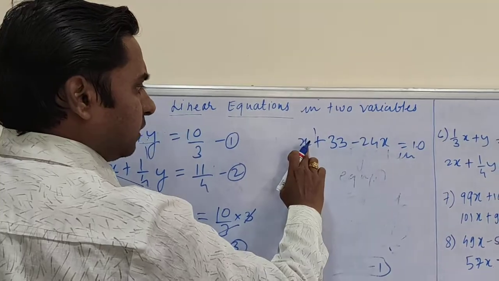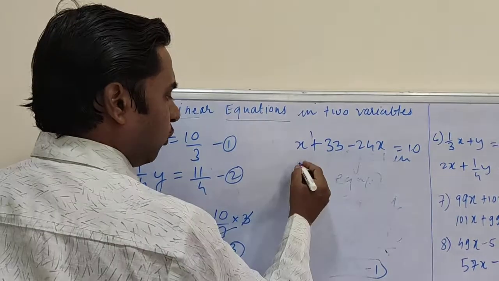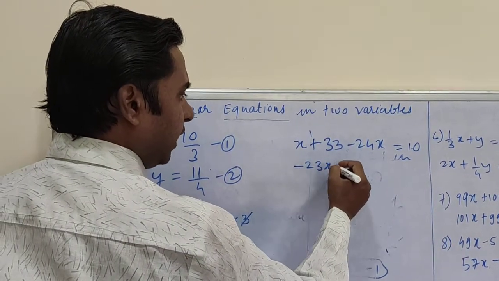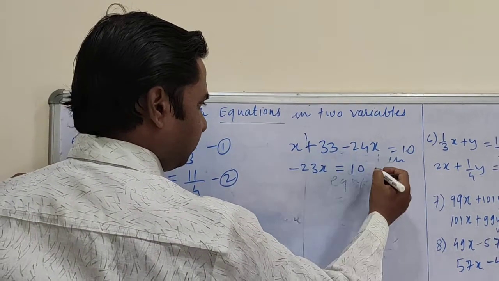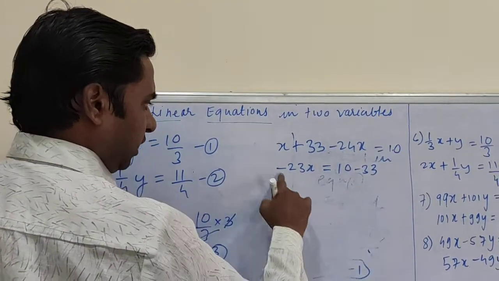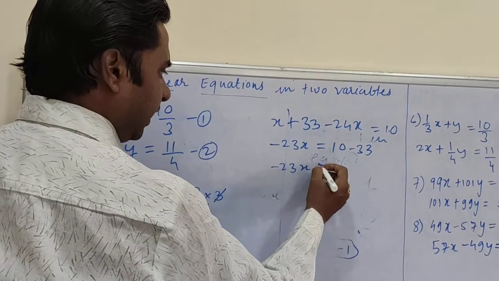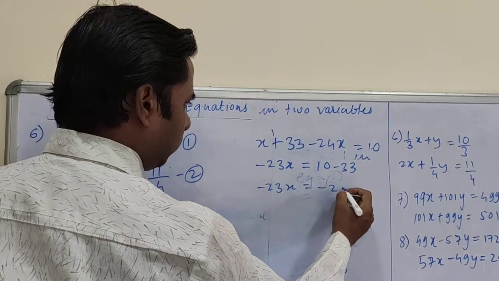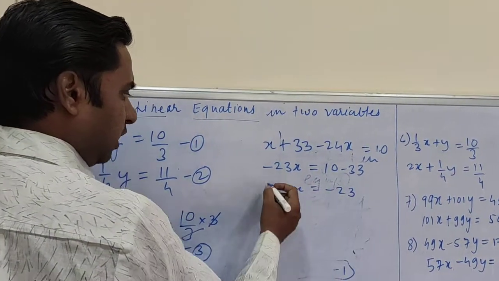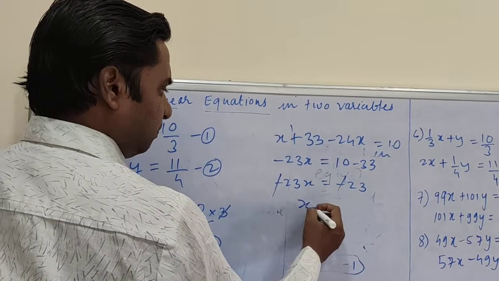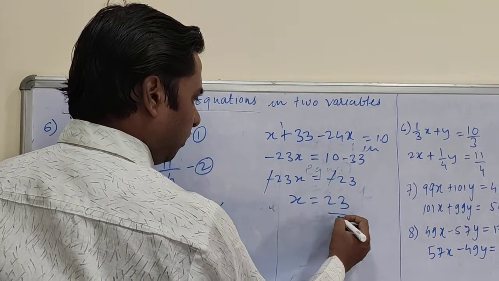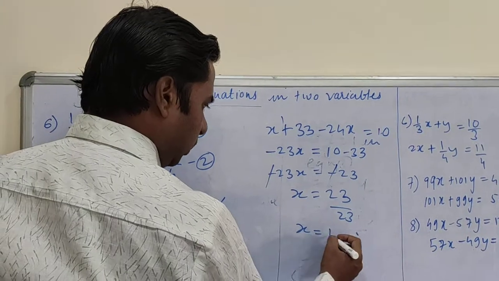Now see here, this x and this minus 24x will become minus 23x. 10 minus 33, this will become minus 23x and this will become minus 23. Minus minus cancel, 23 upon 23. So x is equals to 1.